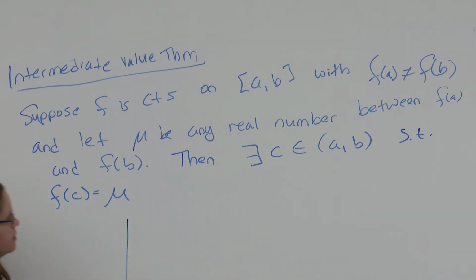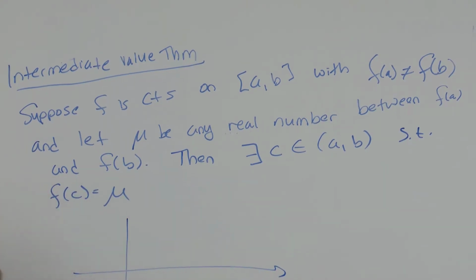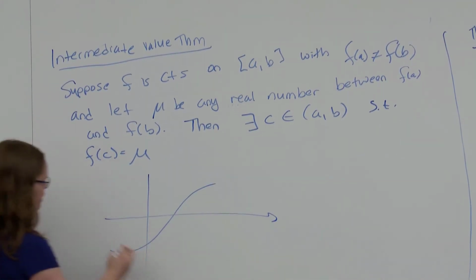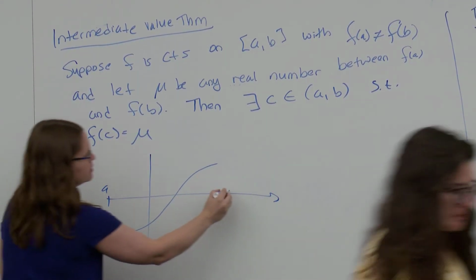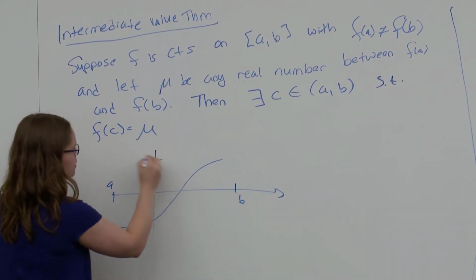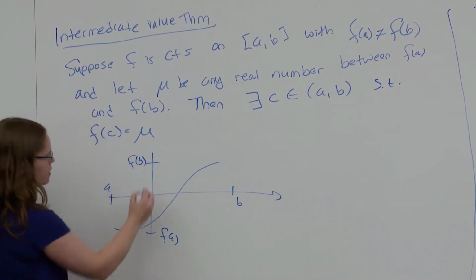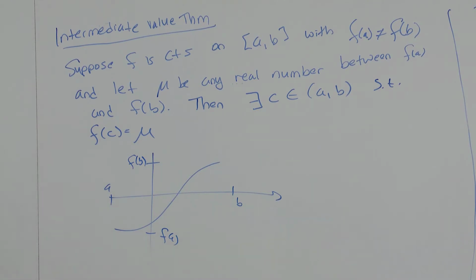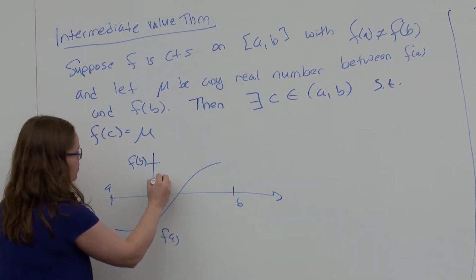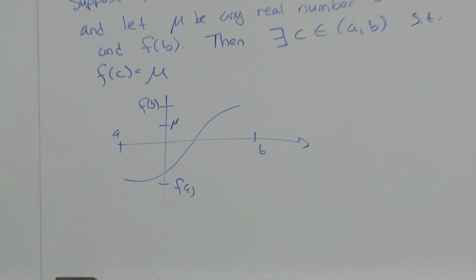Okay, and I think you know this picture already. So I draw the picture, and here's a, and here's b. Here's f of b. Here's f of a. And I can just pick any value of mu between them that I like. So I'm going to put mu here just because I can.